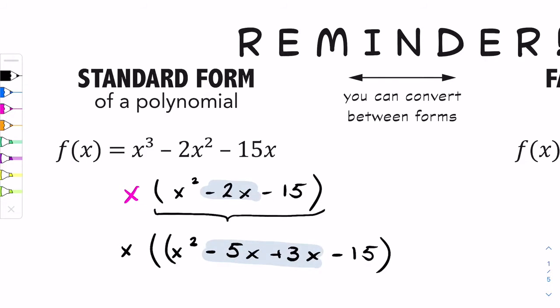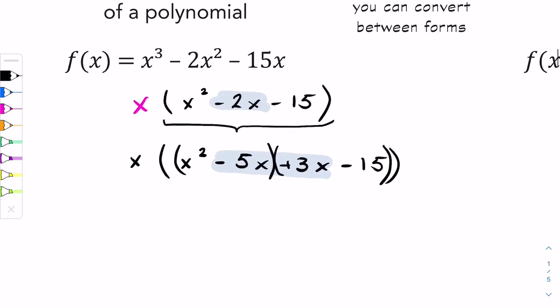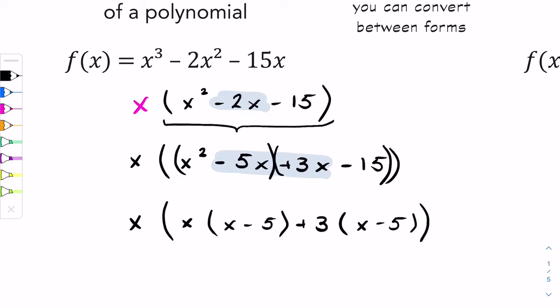To factor, I'm going to group the first 2 terms and the second 2 terms. For the next step, we have our GCF of x multiplied by the GCF of the first group is x, left over x minus 5. GCF of the second group is 3, left over is x minus 5. Now inside the parentheses here, we have our two GCFs, and we have our one common factor.